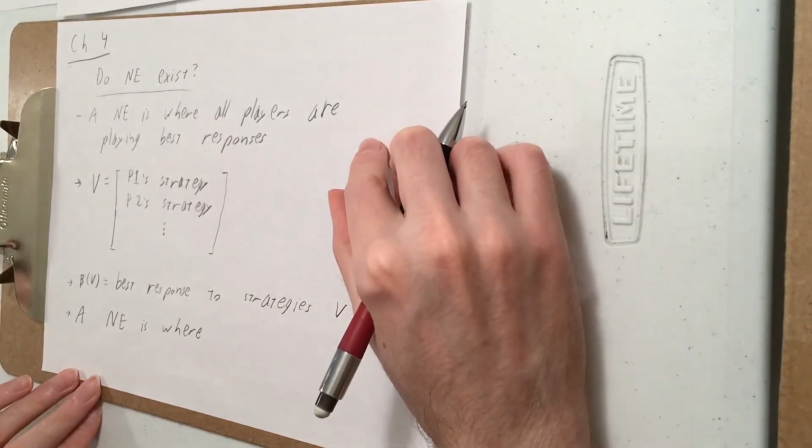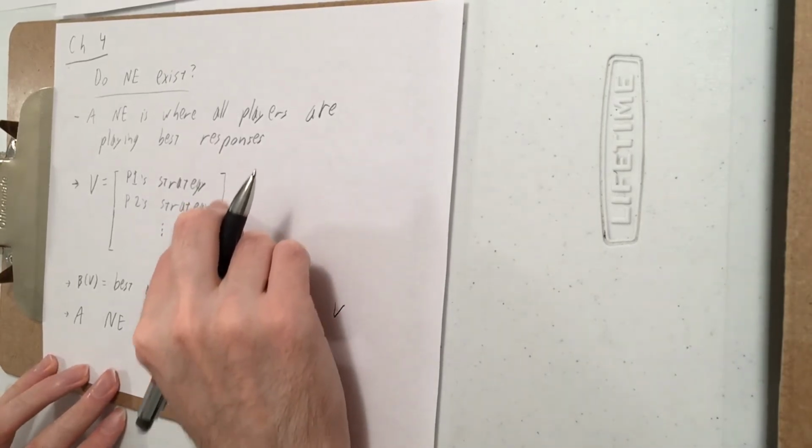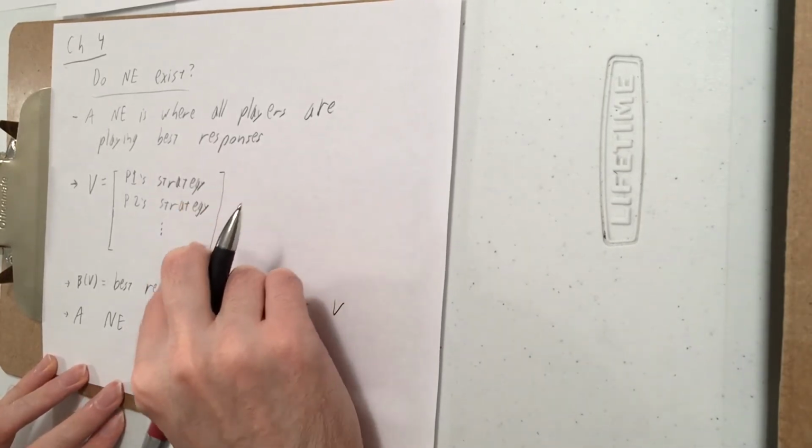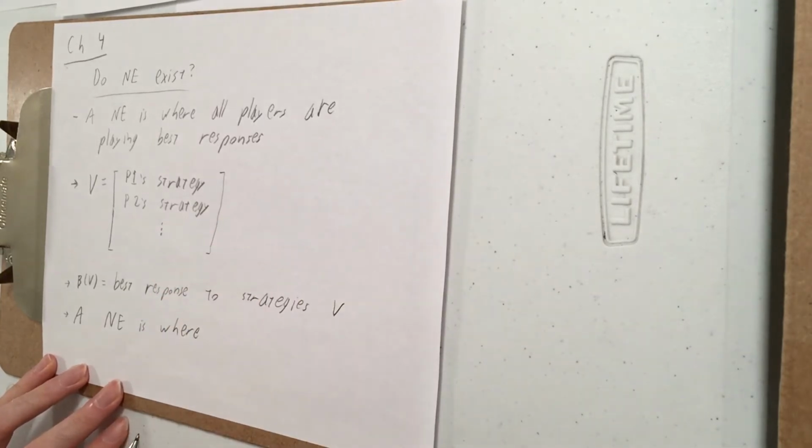So a Nash equilibrium is where all players are playing best responses. That means that the strategies you're playing, V, are the best responses to themselves.